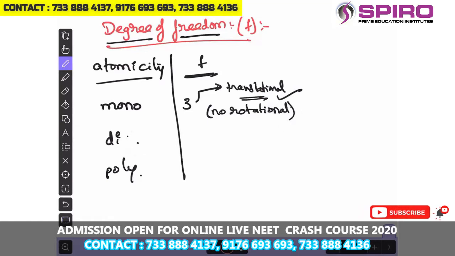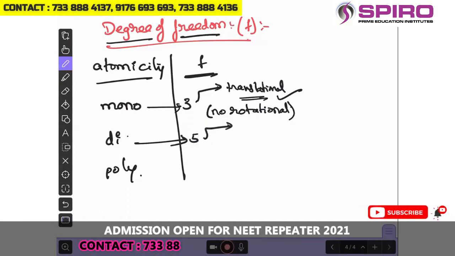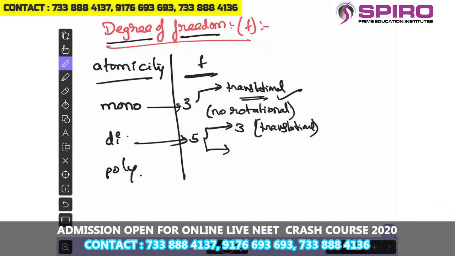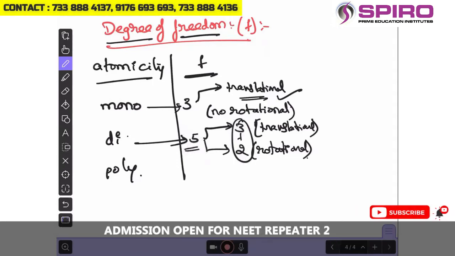Whereas when you come across the diatomic gas, the situation is different. The number of degrees is 5. Out of 5 degrees, 3 are translational degrees and 2 are rotational degrees. The total number of degrees will be 3 plus 2, which is 5, for diatomic gas.